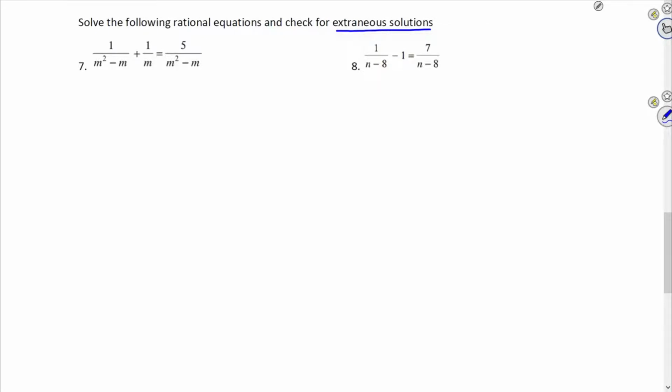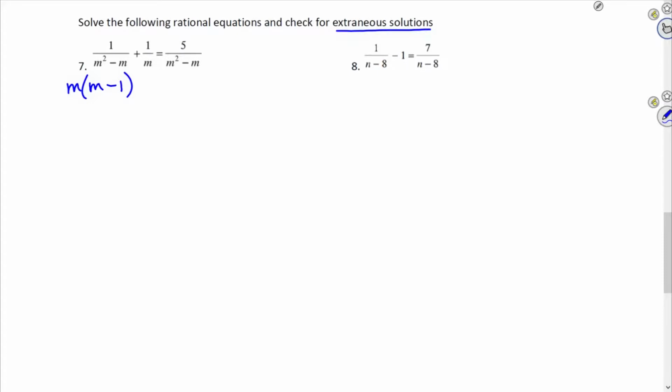So here we go. The first thing I do is I think of this a lot like addition and subtraction, because I have addition and subtraction. So I'm looking for a common denominator as my first step. I'll factor the denominator. M squared minus m has a common factor of m, so m times m is m squared, and m times negative 1 is negative m.